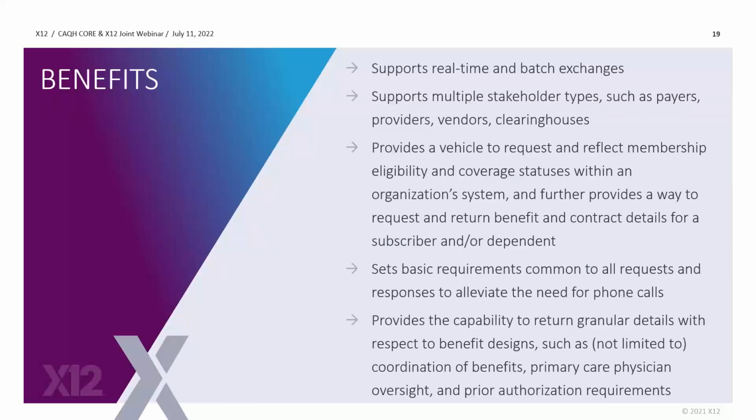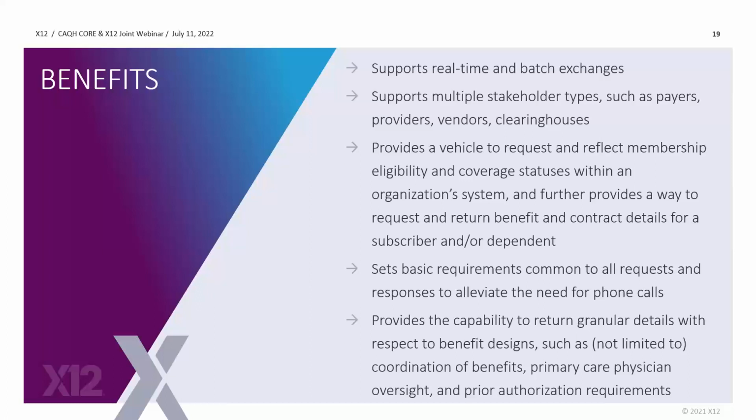So the high-level benefits of the 270, 271 are, some are obvious, some have been addressed with operating rules more cohesively. It supports exchanges that are both in real time and in batch, and then defines what is considered real time and what is considered batch in the case of 5010.